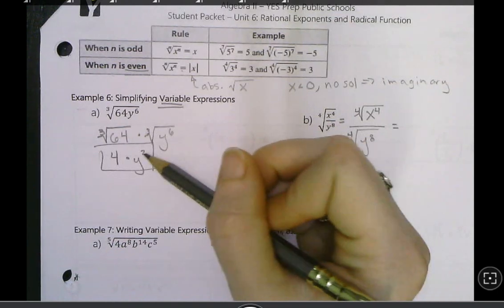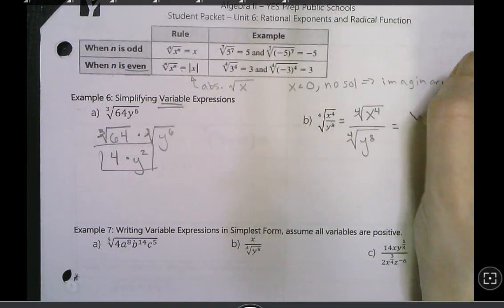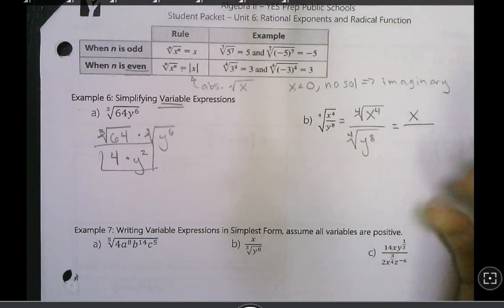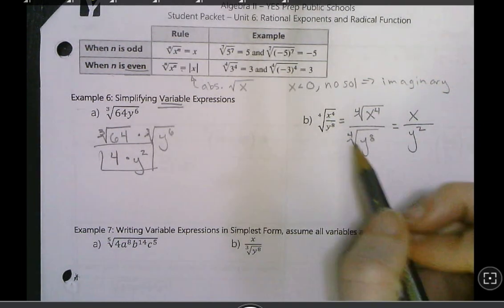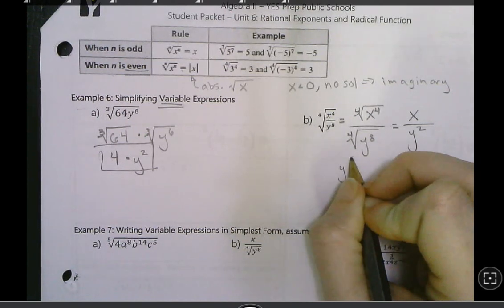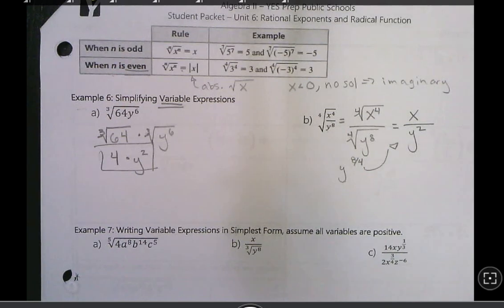That's like what I talked about over here, because if I divided 4 by 4, we would just get x to the first power. So we have an x. And here this is an 8 over 4, so we have a y squared. That's just doing the reverse of writing this in radical form. Technically we're rewriting this as y to the 8 over 4, which gets us to that y squared.